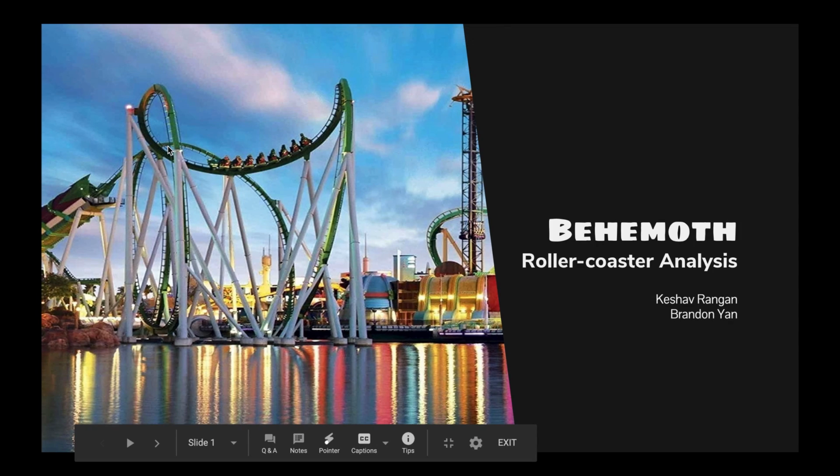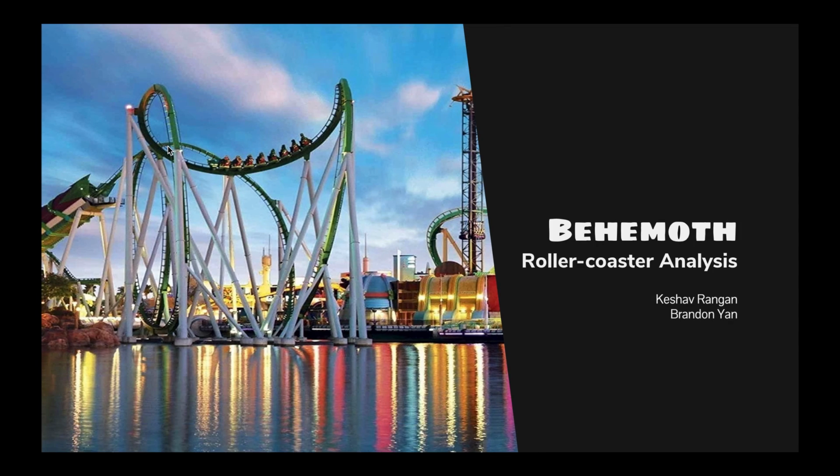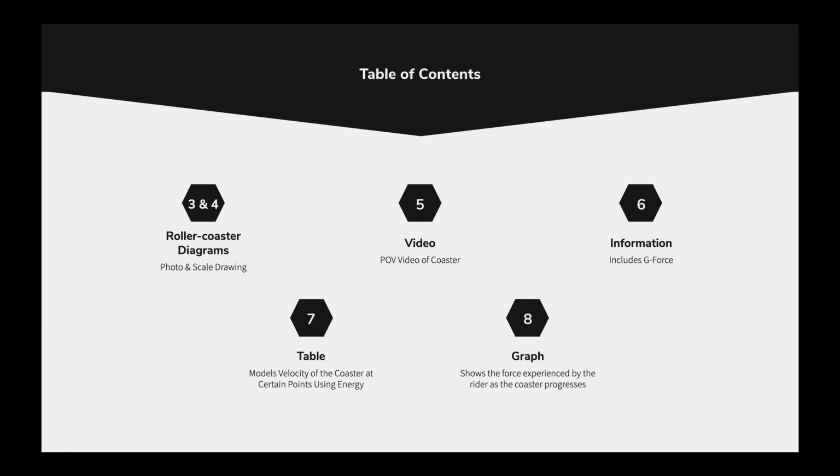So Keshav and I did our project on the Behemoth roller coaster in Canada, and how this is going to work is we have two slides after this that are diagrams of the roller coaster, a photo of it and scale drawings to show how we determined the corresponding heights.